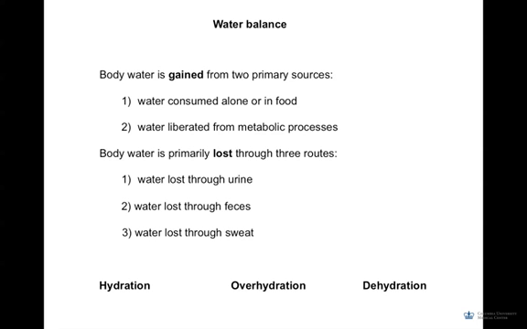Okay? And so based on what kind of water balance we're in, we can have our gains equaling our losses and we're perfectly hydrated. We could have our gains outpacing our losses and be overhydrated, or our losses outpacing our gains and be dehydrated.